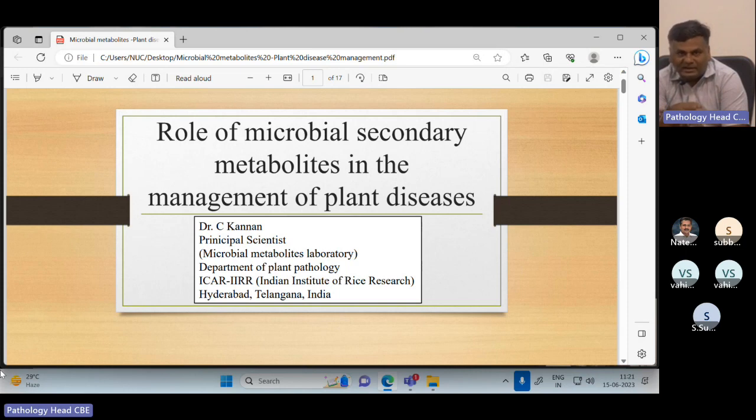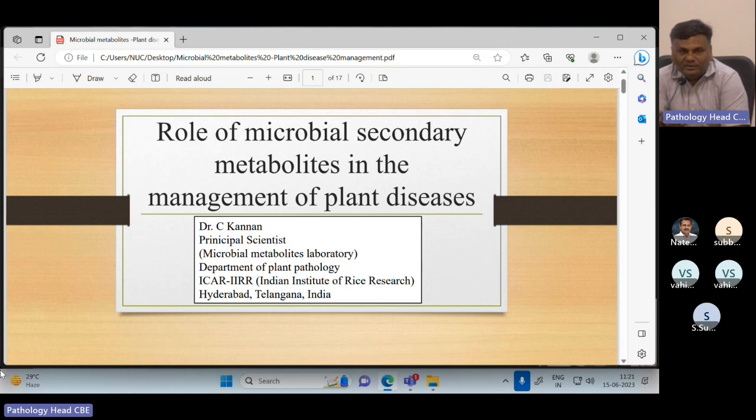The Directorate, National Research Centers, and Indian Institutes are different category institutes in ICAR, depending on factors like the strength of the scientists, the mandate of the institute, and of course the budget of the institute. So ours is a national institute now.